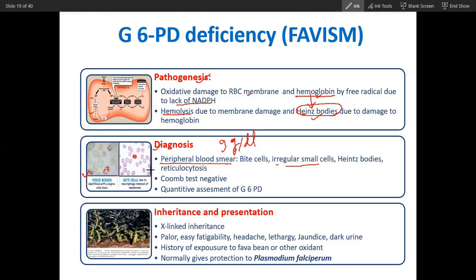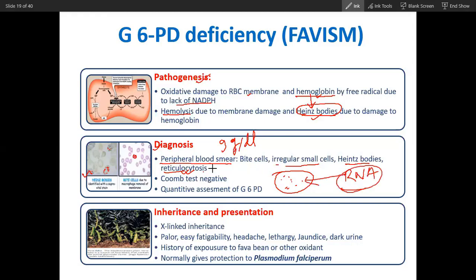There are irregular small cells, and these Heinz bodies are there. Reticulocytes: when blood is damaged, there will be an attempt to form new blood. In that process, immature blood can come into the circulation from the bone marrow, and these immature RBCs, high in RNA, are called reticulocytes.